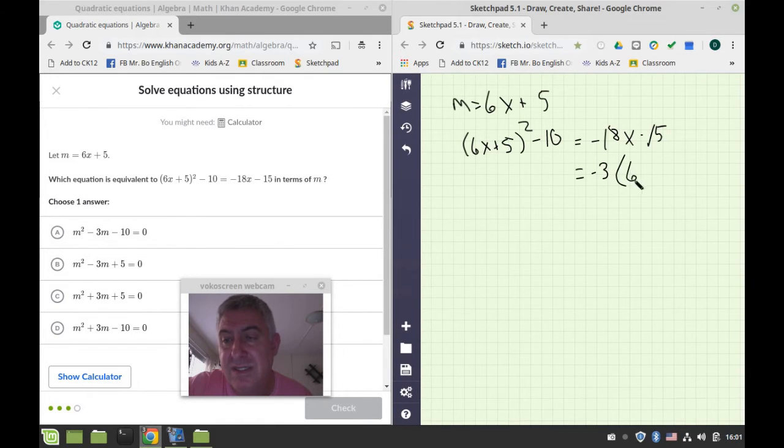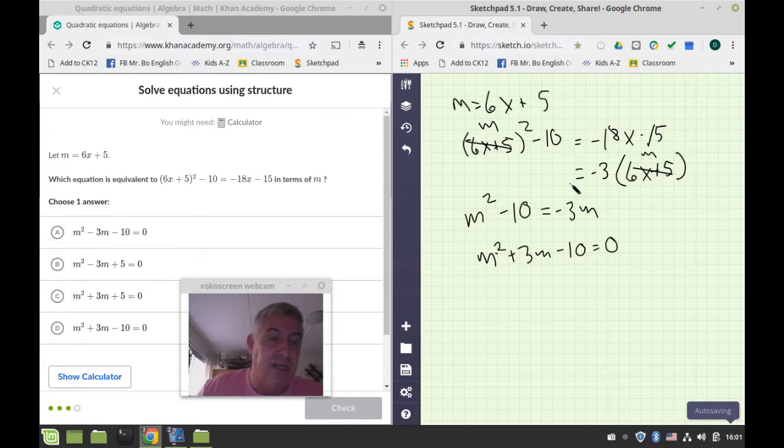And I'll get 6x plus 5. So then if I replace these with m, I get m squared minus 10 is equal to negative 3m, or m squared plus 3m minus 10 equals 0. And where is that? M squared plus 3m minus 10 is equal to 0.